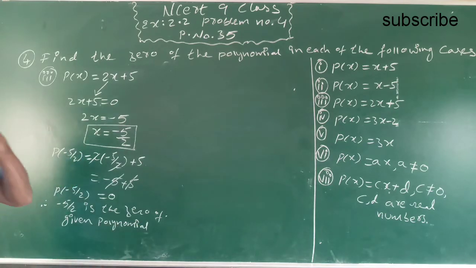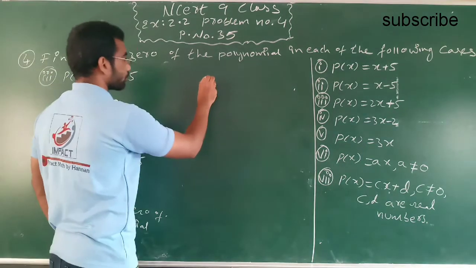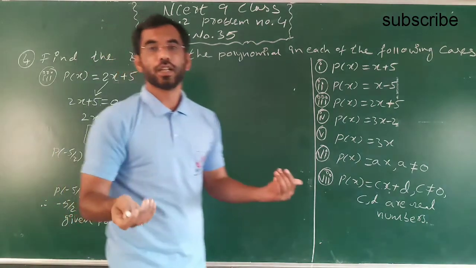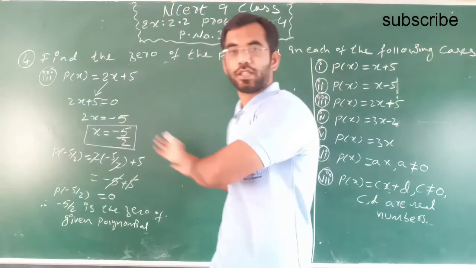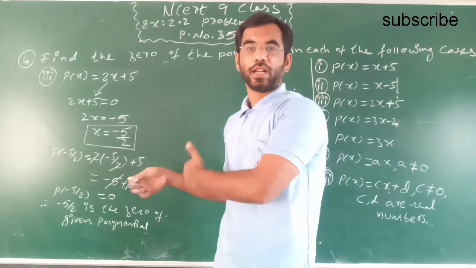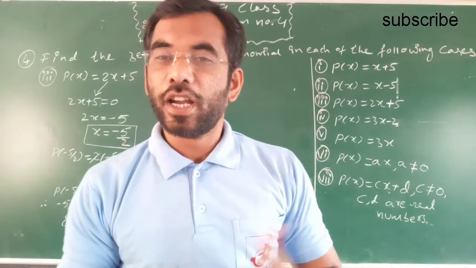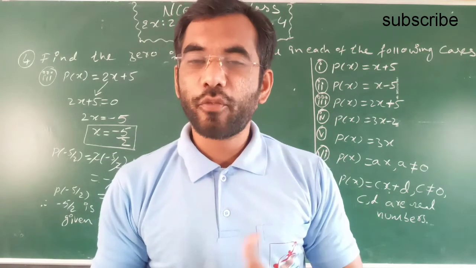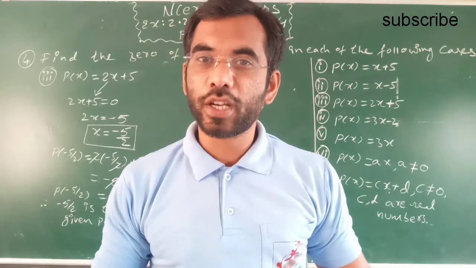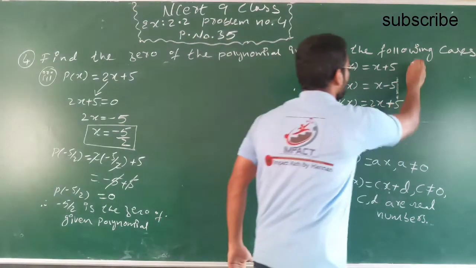Okay. Now listen to me carefully. If it is in multiplication, if you are changing the side, it will go to division. If it is in division, if you are changing the side, it will go to multiplication. If it is plus, it will be minus. If it is minus, it will be plus.